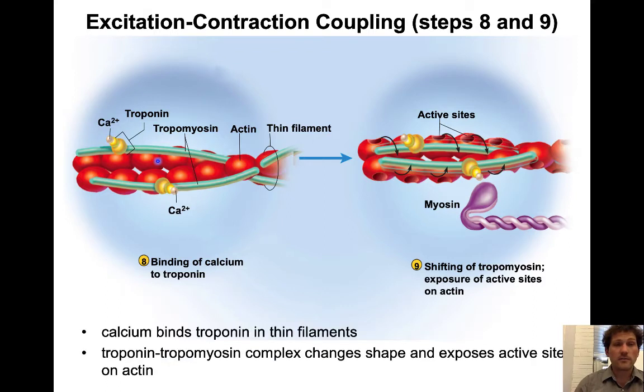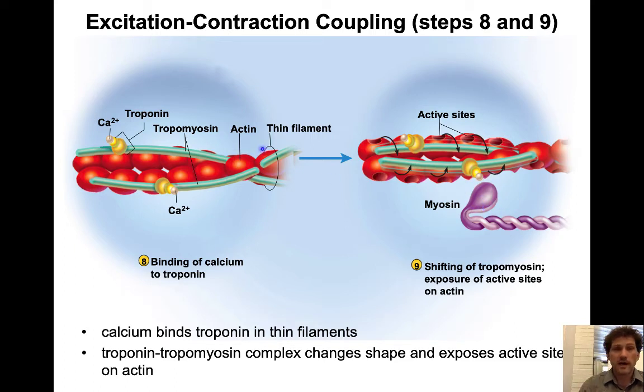And so calcium is going to bind to troponin, and that troponin-tropomyosin complex has a shape change, and that's going to open up these binding sites, these active sites, and now we can bind to our myosin heads.